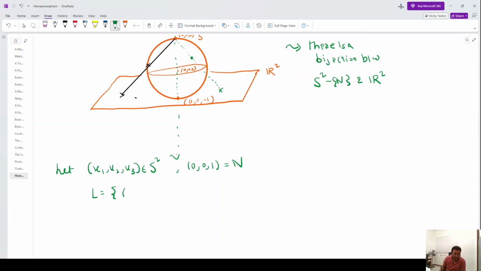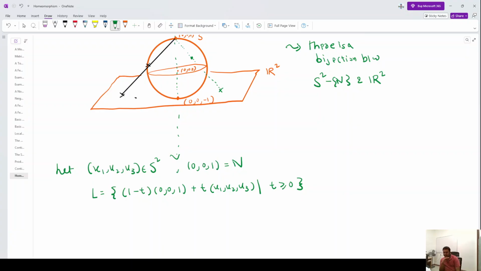It would be (1 minus t) times 0, 0, 1 plus t times x1, x2, x3, where t is bigger than or equal to 0. So at t equals 0, it's just your North Pole.